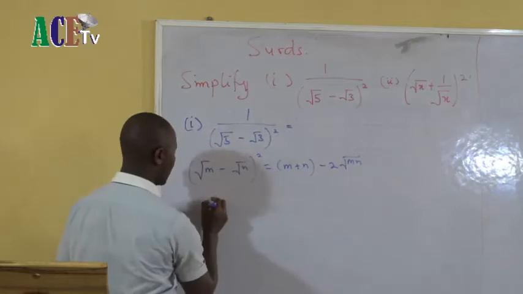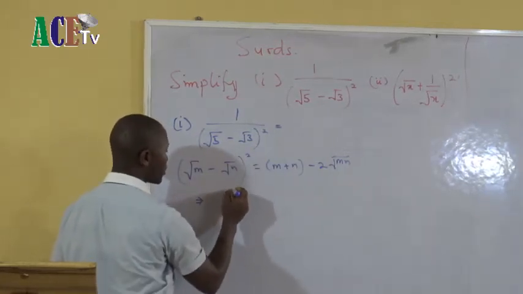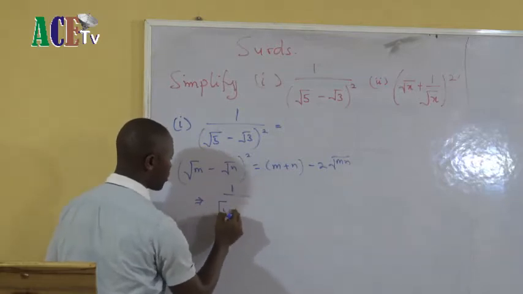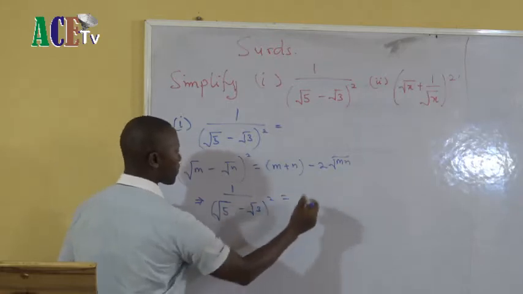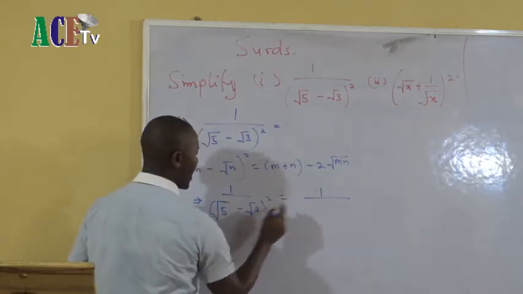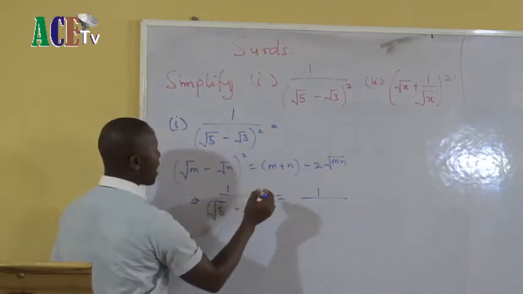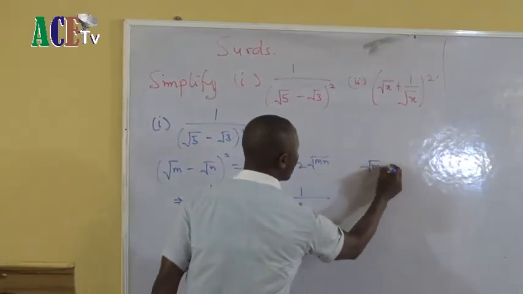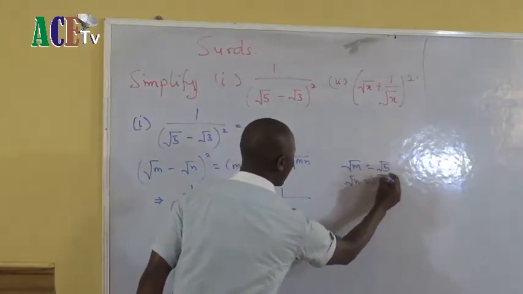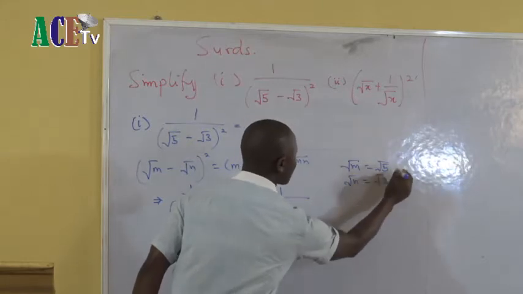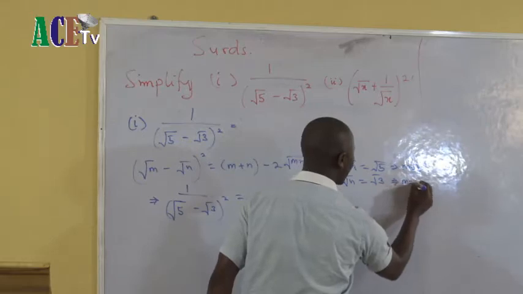So our expression becomes 1 over that. Comparing this, our square root of m will be the same as the square root of 5, and the square root of n will be the square root of 3. So this implies that m equals 5 and n equals 3.